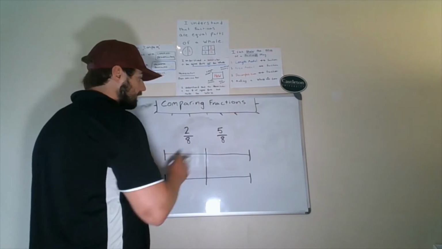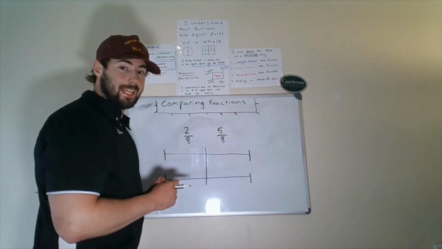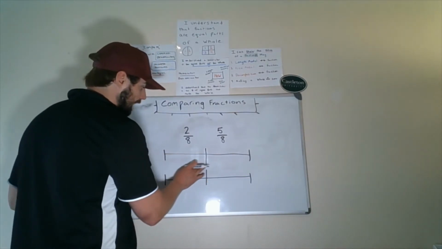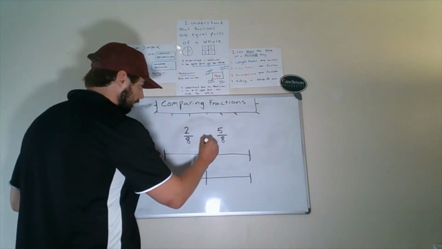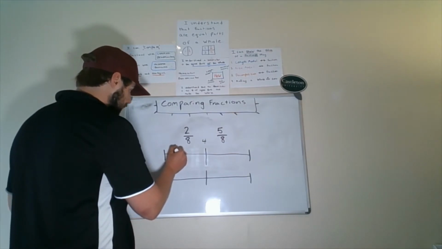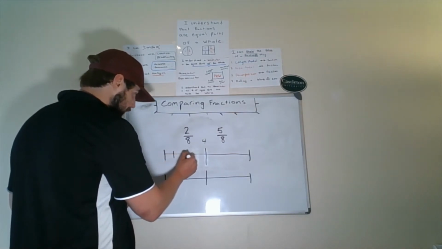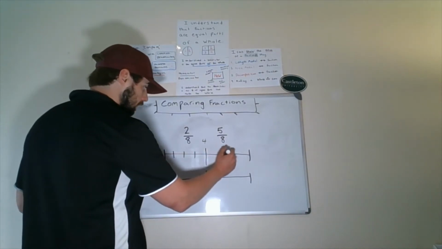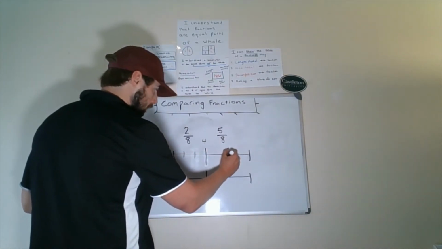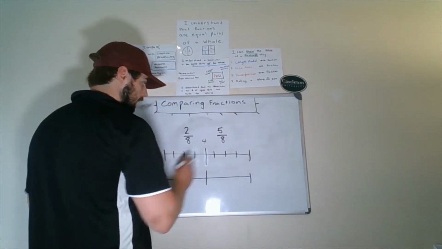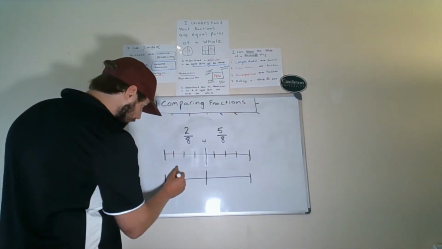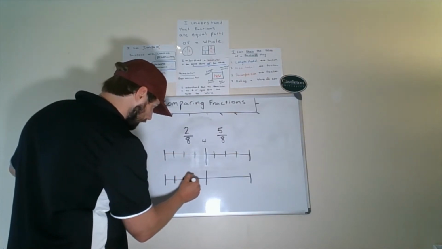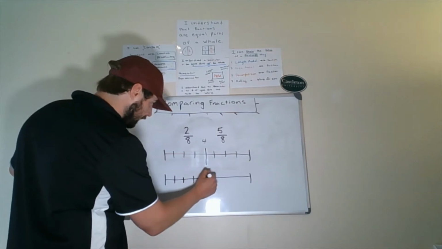I know that 8 is an even number, so it has an exact half of 4. So I can partition 1, 2, 3 equal parts in between. So 4, 3 equal parts again, 1, 2, 3. I just made those 8s. Let me do it again. Let me try to make these as equal parts as humanly possible.